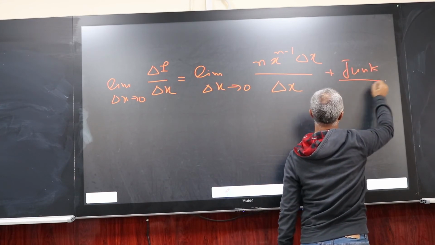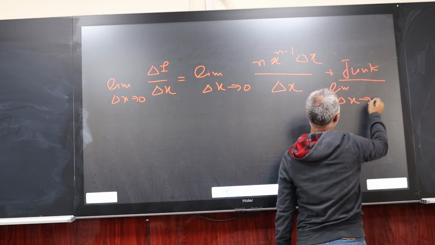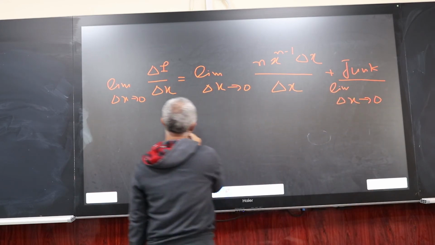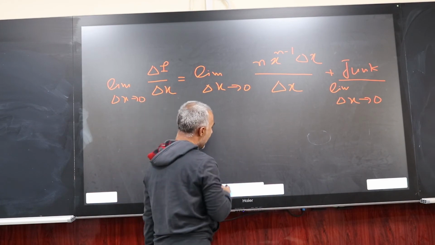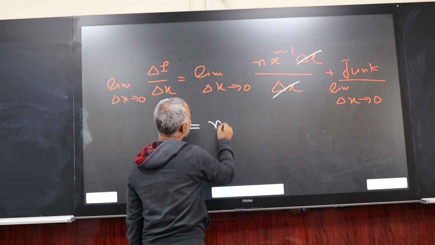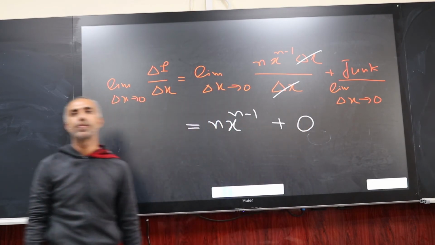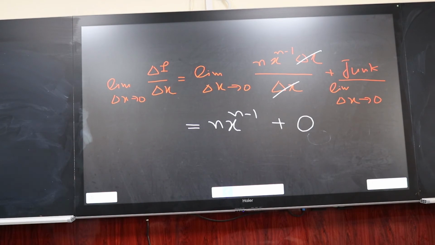Delta x cancels, same limit. Here you cancel out delta x, and you get n x to the n minus 1 plus 0. Do you know what this is?